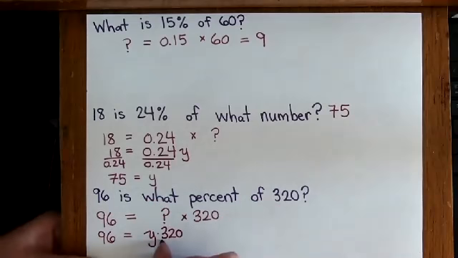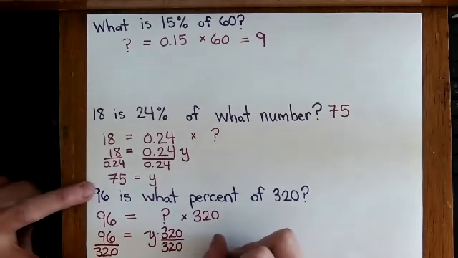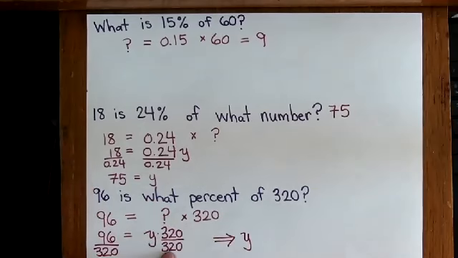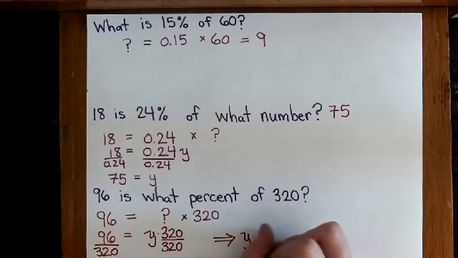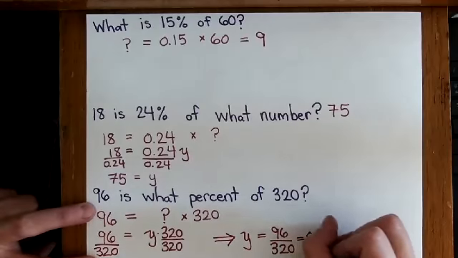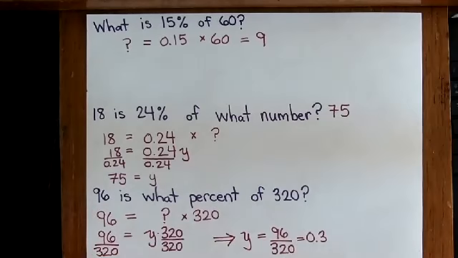Now we can divide both sides by 320, because what we're looking at now is we've isolated y on one side, and we need to divide 96 by 320, which gives us 0.3 from the calculator.